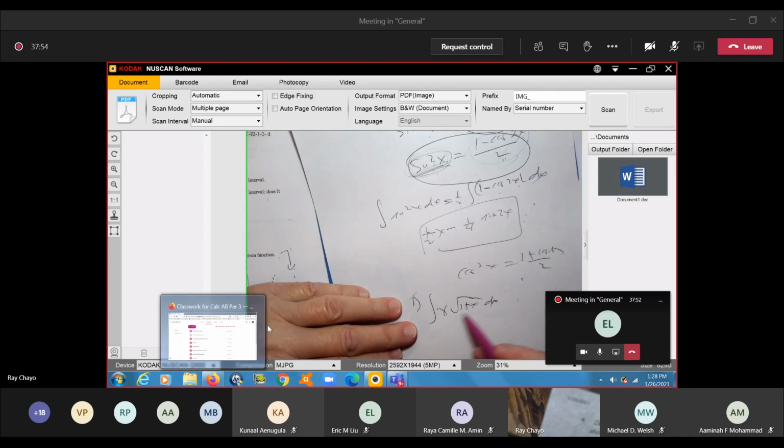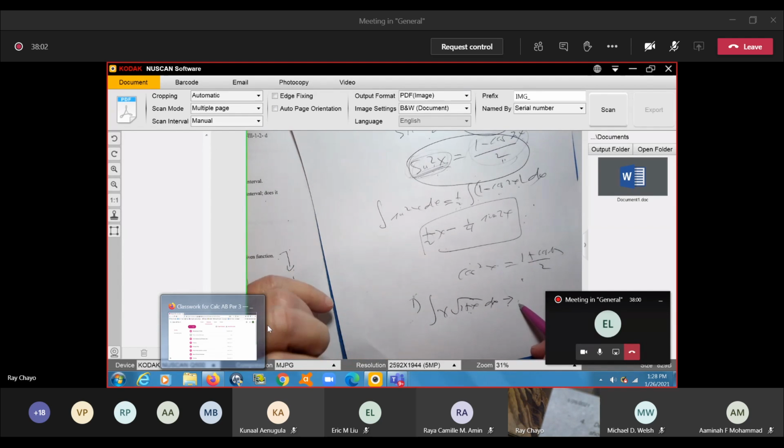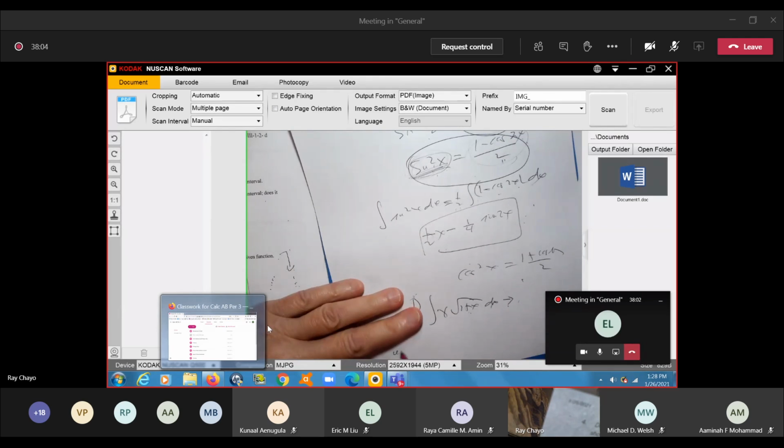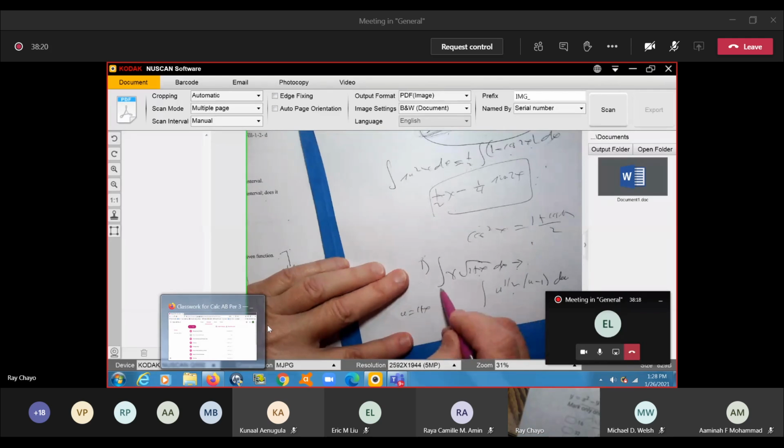The problem on here, I would say it reduces to, oh, that's not the best one to pick, but I could use 1 plus x. It reduces to u to the 1/2 times u minus 1 du. Let me make it realistic. From 0 to 3.